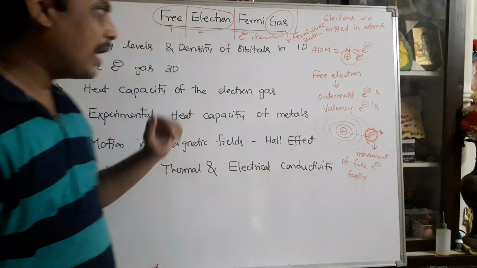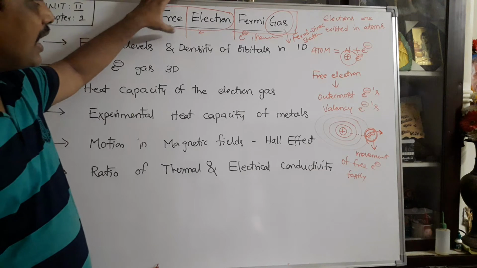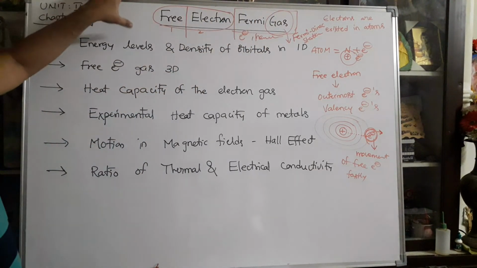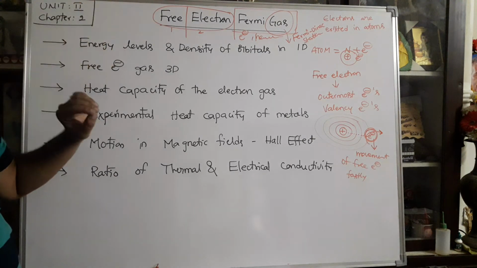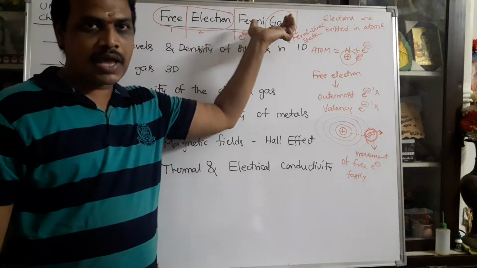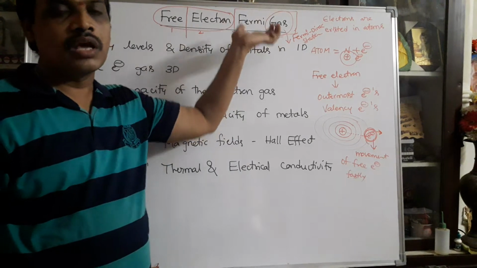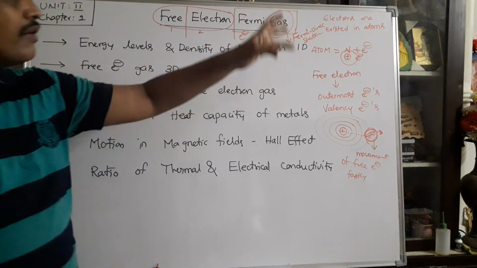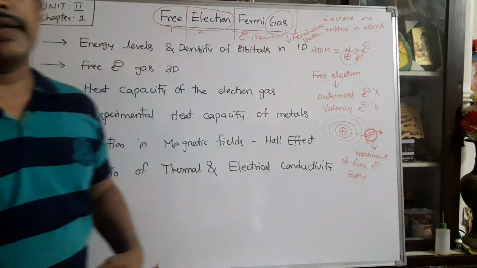That is the main meaning of free electron Fermi gas. So, out of the complete name of the chapter, in this chapter we are discussing particularly the Fermi gas. What is a Fermi gas? The set of free electrons which obeys Fermi Dirac statistics.